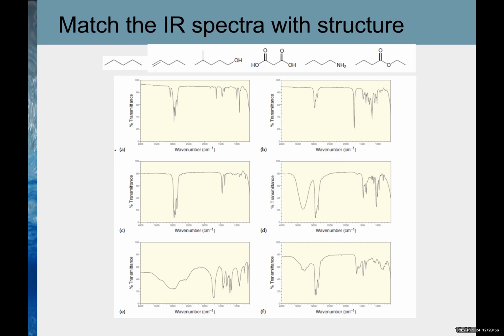C would go to like the first one, just like the simple hexane or pentane. So C belongs to this one. Yeah. And why do you think so? It has the 3 prominent peaks. You are right, you are correct.